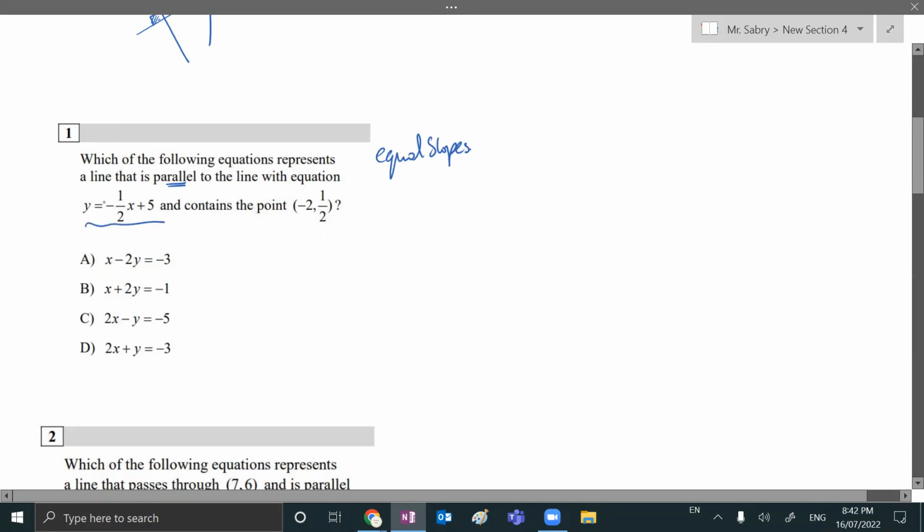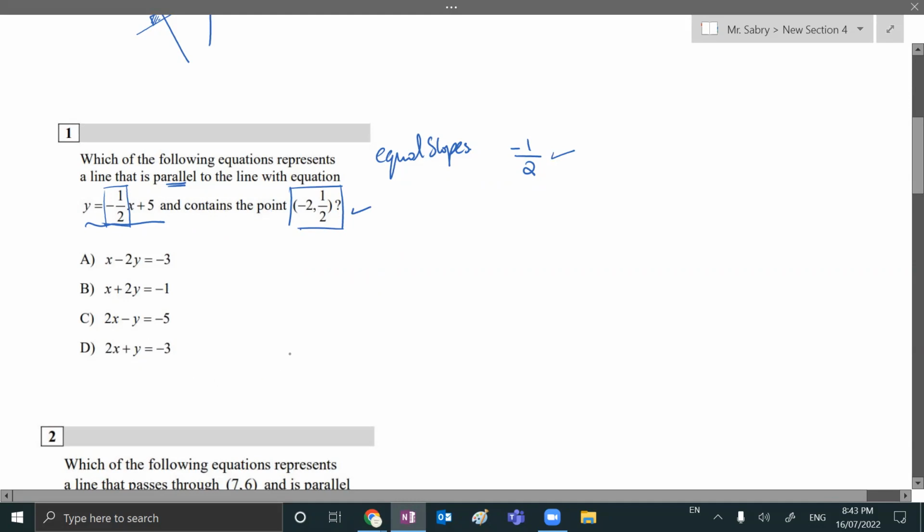Parallel to this one. This means that they share the same slope of negative half. So I know that the other line has a slope of negative half. And they say it contains the point negative 2, 5. So which of the following equations has this slope and passes through this point? That's what we're trying to figure out.